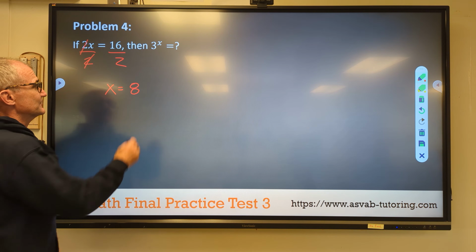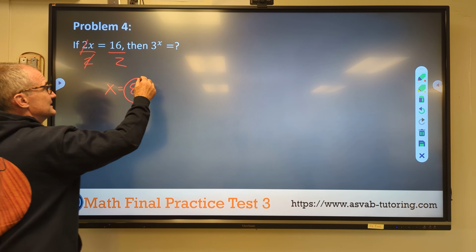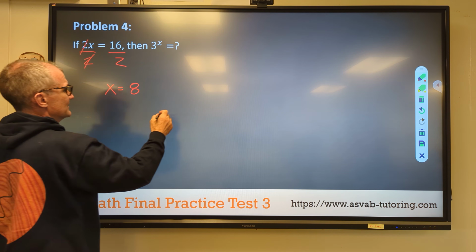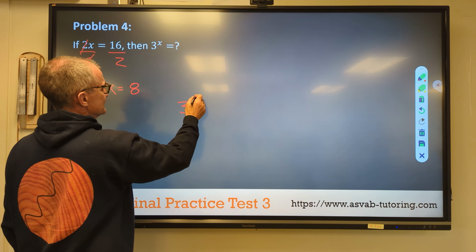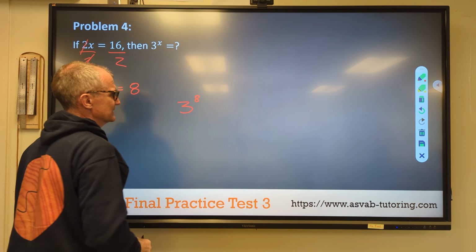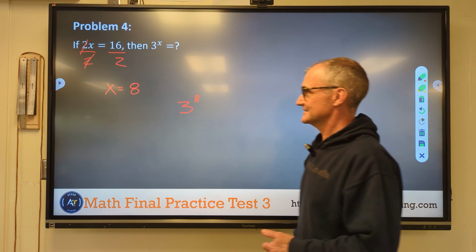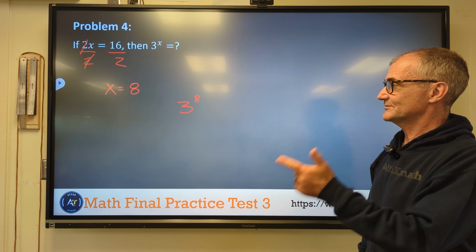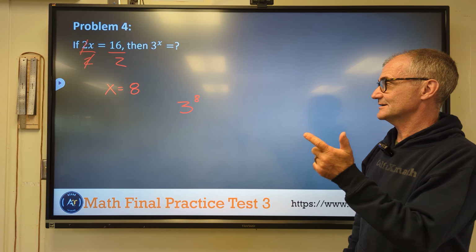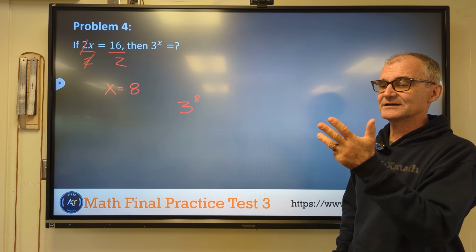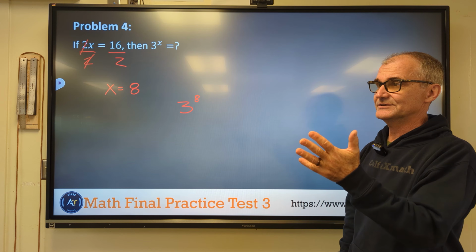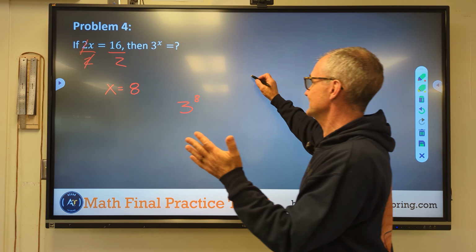Now that I have a value for x, I can take that value and plug it in there. So now the problem is 3 to the 8th. Pretty big number. Let's see if we can do this in our heads. I don't think so. 3 times 3 is 9, times 3 is 27, times 3 is 81, times 3 is 243.